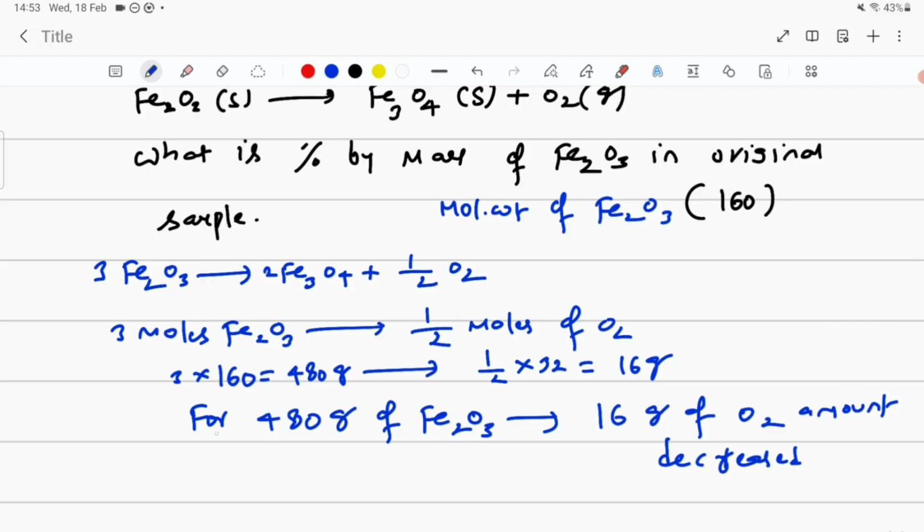Then, what do we need to find here? What is the percentage by mass of Fe2O3 in the original sample? Loss of 16 grams for 480 grams of Fe2O3. So then what can we do here?